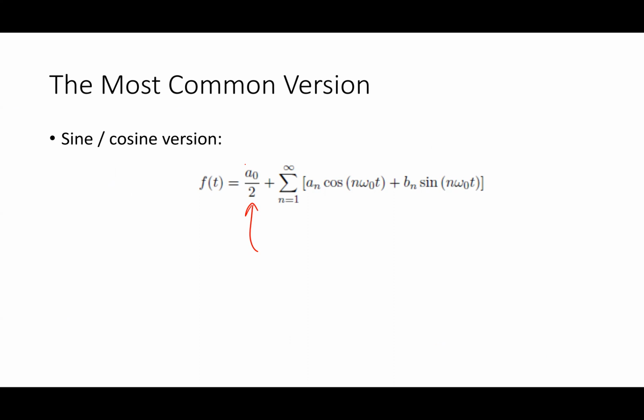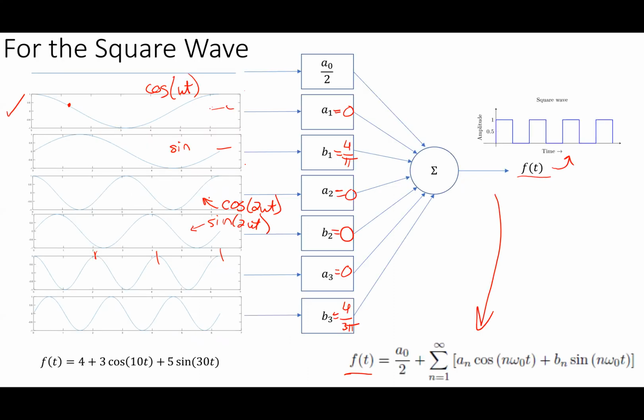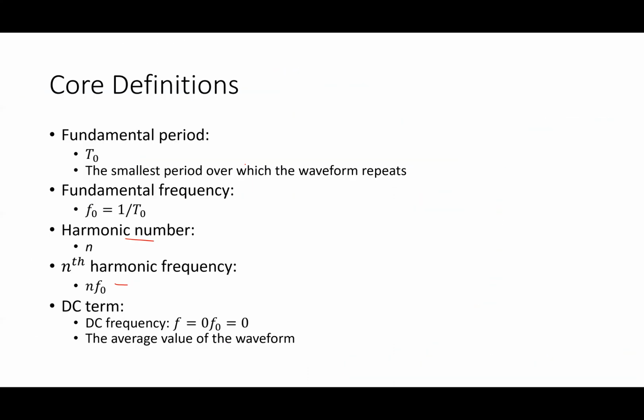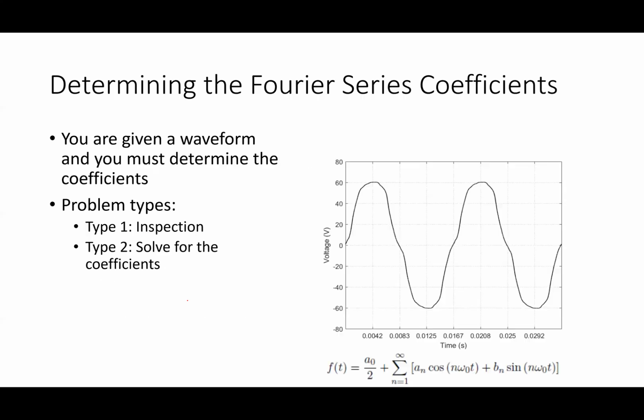So we say it has no variation, never varies, 0 frequency. Sometimes I call it the DC term or the average term. We use the term DC because it's the average value of the waveform, which we'll show. So these are some terms we're going to keep using, and those are our basic definitions.